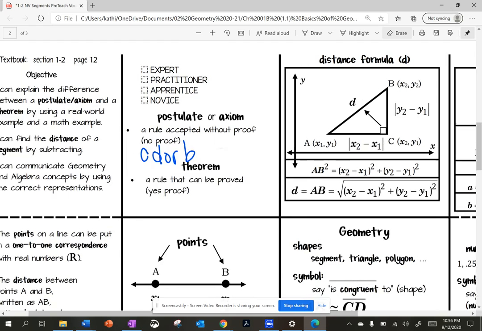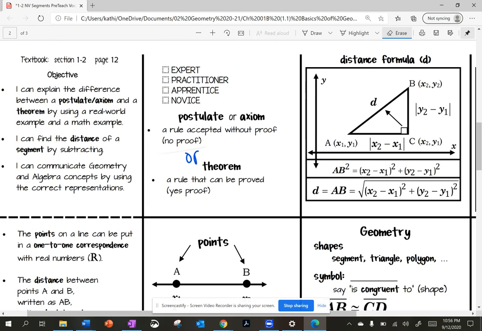Let me do that better. This is the color blue. That would be a postulate or an axiom, that if we all agree when we point to this color, it's blue, because I don't really have any proof.